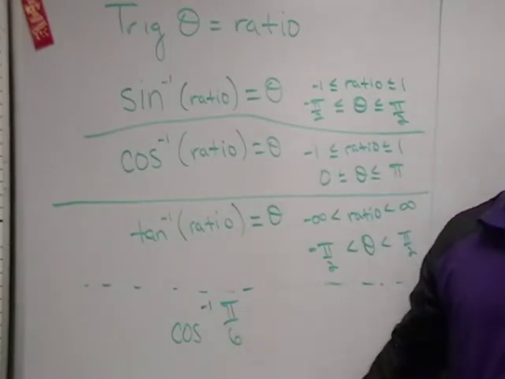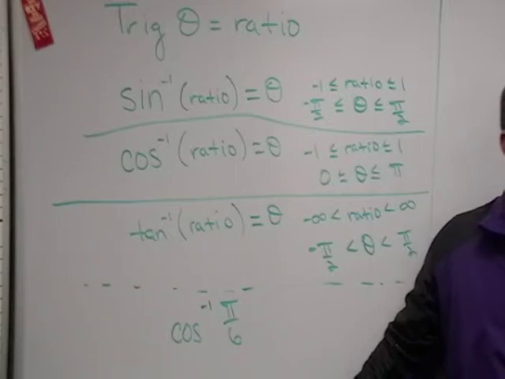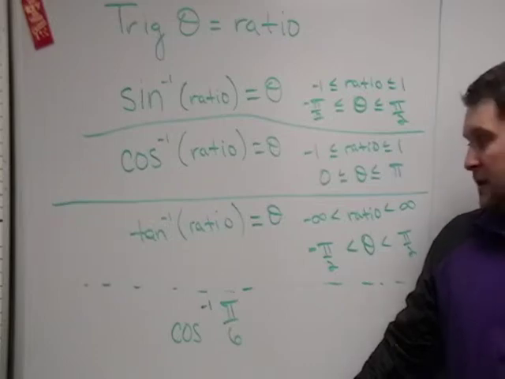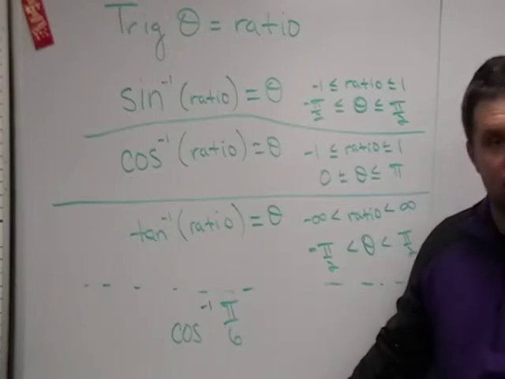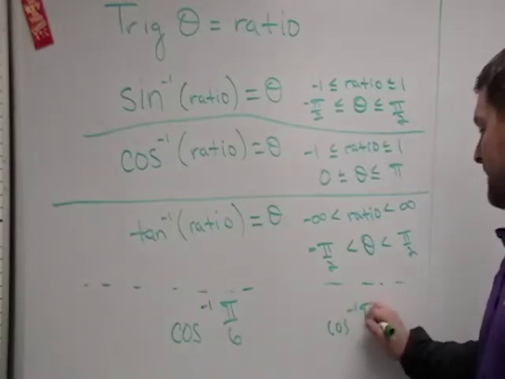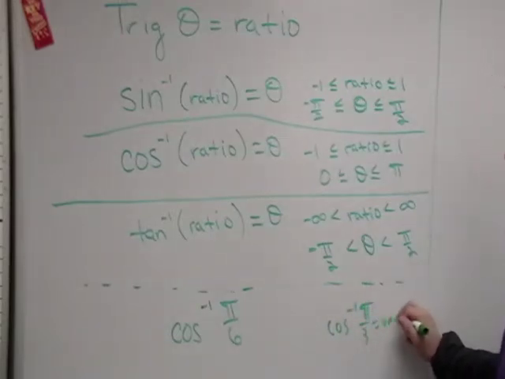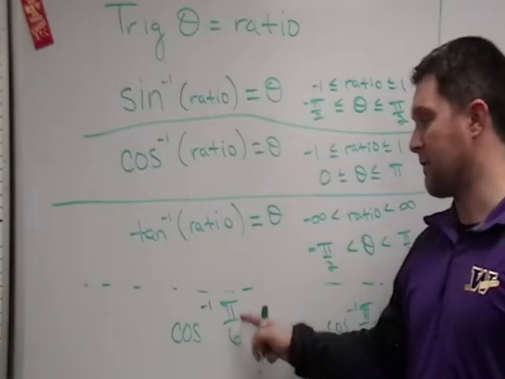So is pi over 6 between negative 1 and 1? Well, what's pi about? 3.14. And if I divide that by 6, is that going to be less than 1? Yes. Now 2 pi over 6, or pi over 3, would not. So, cosine inverse of pi over 3 is undefined, because that is bigger than 1. But cosine inverse of pi over 6 exists.